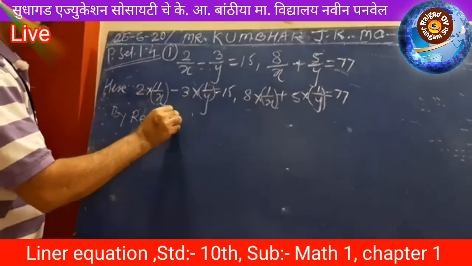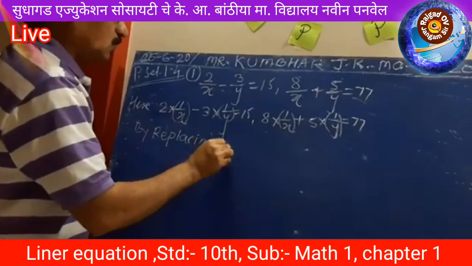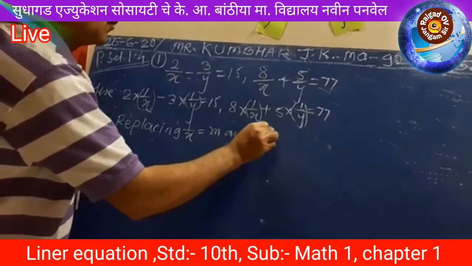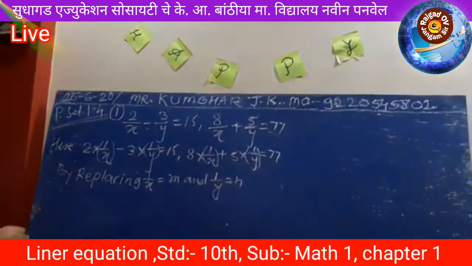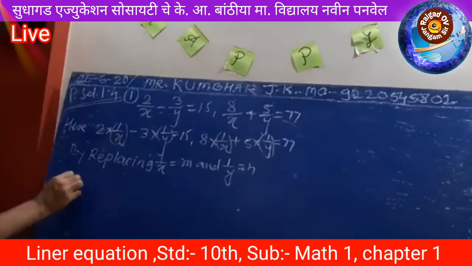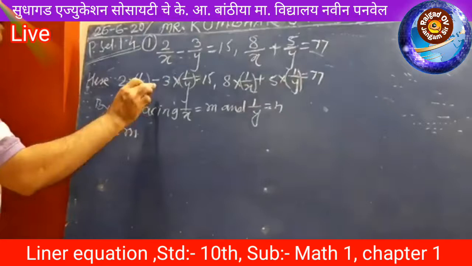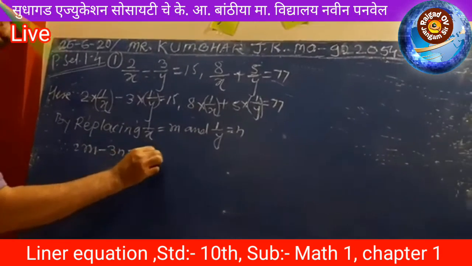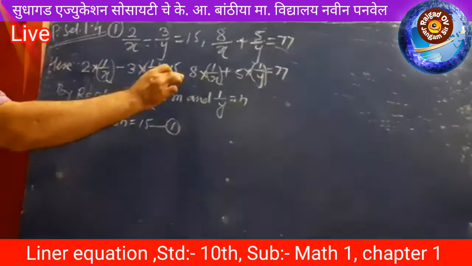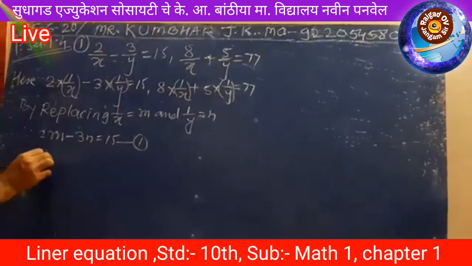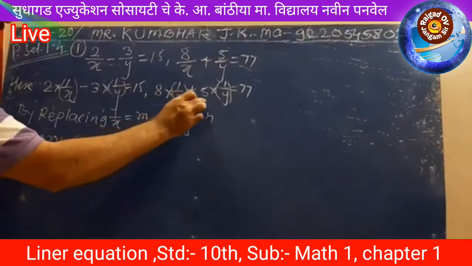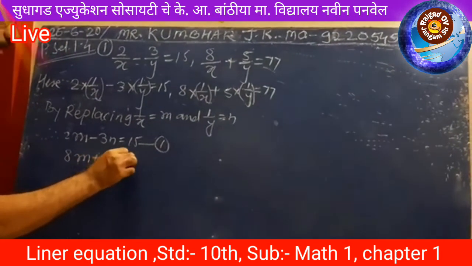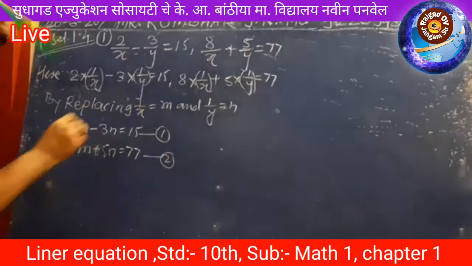By replacing 1 upon x is equal to m and 1 upon y is equal to n, therefore 2m minus 3n is equal to 15, equation number 1. 8m plus 5n is equal to 77, equation number 2.